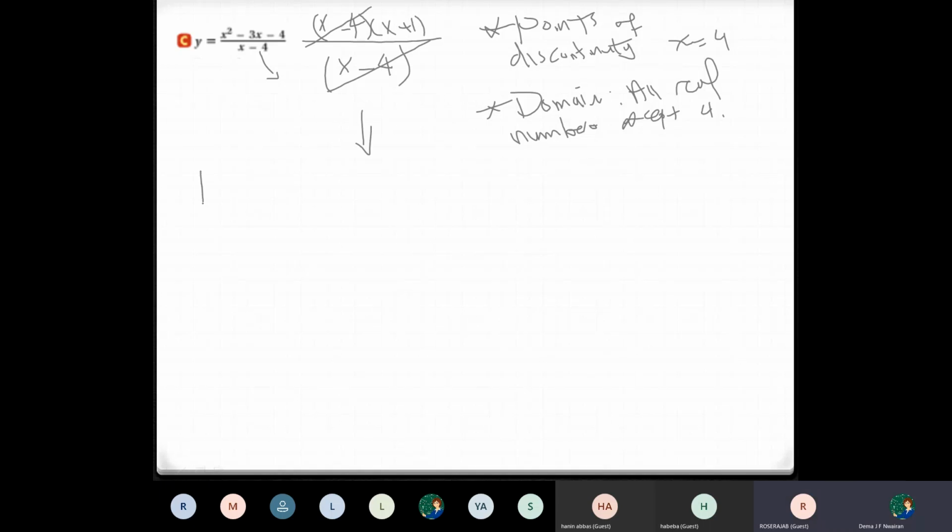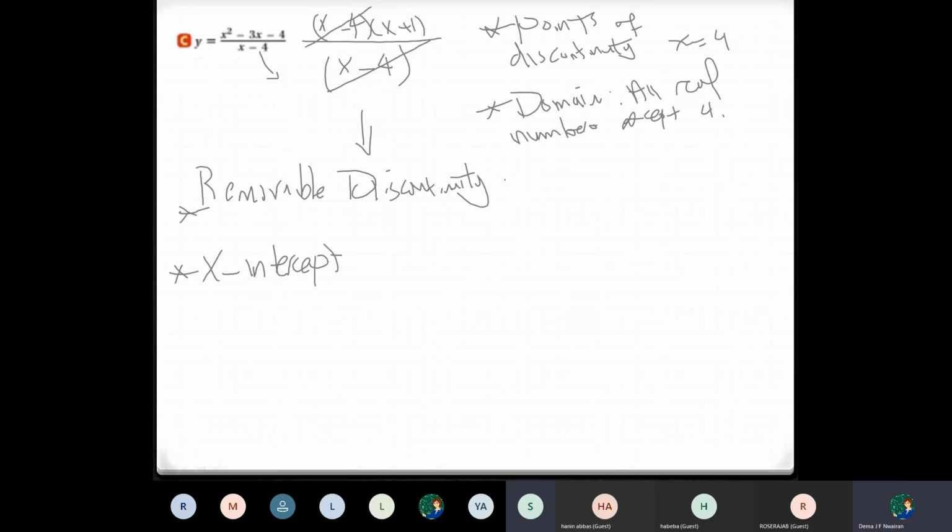So it is a removable discontinuity. The last thing now, I want to find the x-intercept. It is at negative 1, 0.